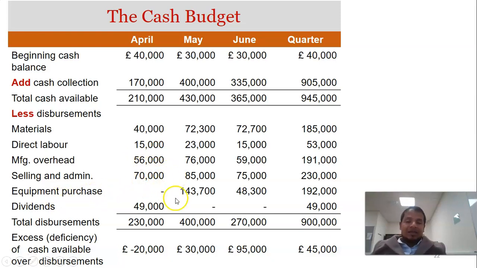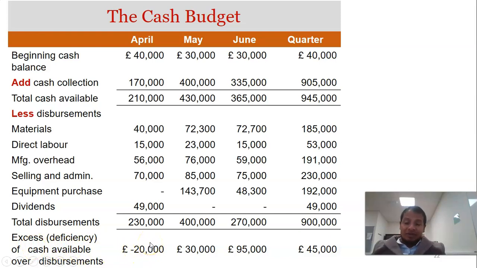And if there is an equipment purchase and dividend paid in this month, add all these payments, and then you will get total disbursement: 210,000 minus 230,000, and 20,000 is the excess or deficiency of cash available over disbursement.